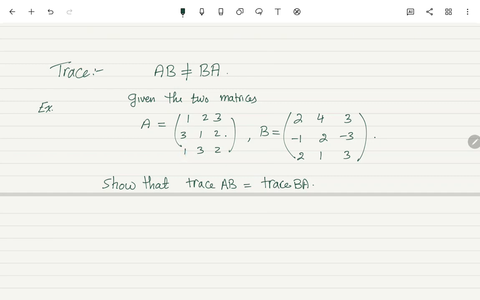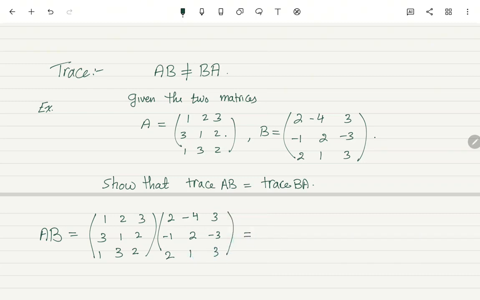So let's find AB as a matrix, equal to 1, 2, 3, 3, 1, 2, 1, 3, 2, multiplied by 2, minus 4, 3, minus 1, 2, minus 3, 2, 1, 3.